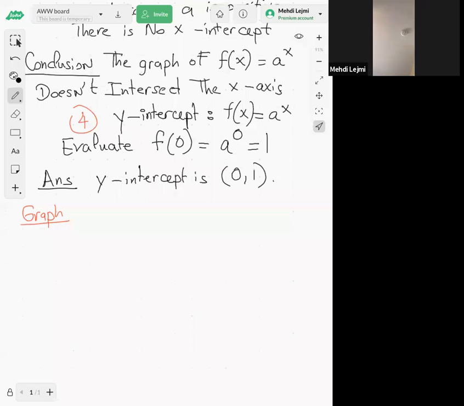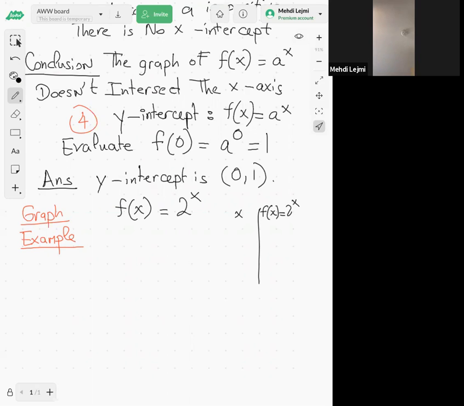So for example, let's say you have f of x equals 2 to the power x. So this is an example. You can make a table with values of f of x. So this is f of x, that's 2 to the power x.